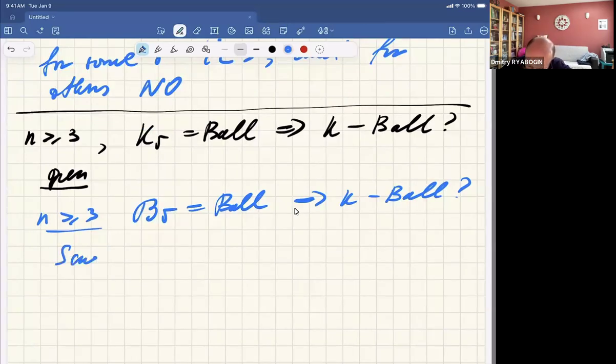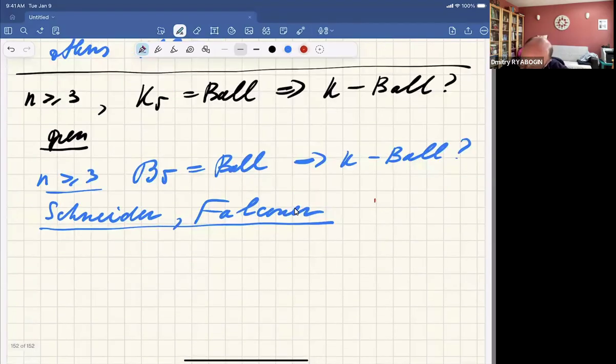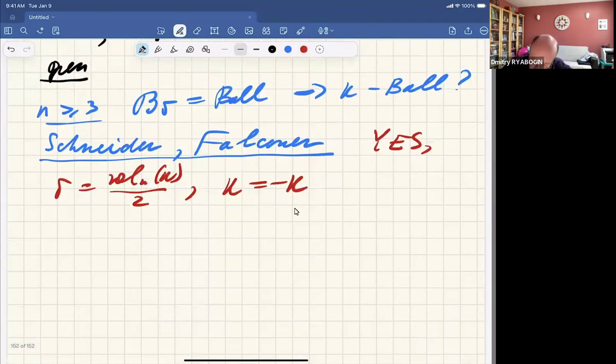Here, Schneider, and I'm sorry, let me write Schneider properly, and Falconer, they proved that yes, if delta is equal to half of the volume and the body is origin symmetric, and it's known to be null if K is not origin symmetric.